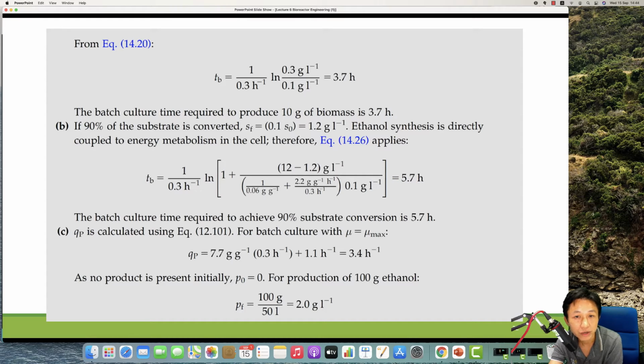If it's too fast, you can pause the video and put the numbers here.